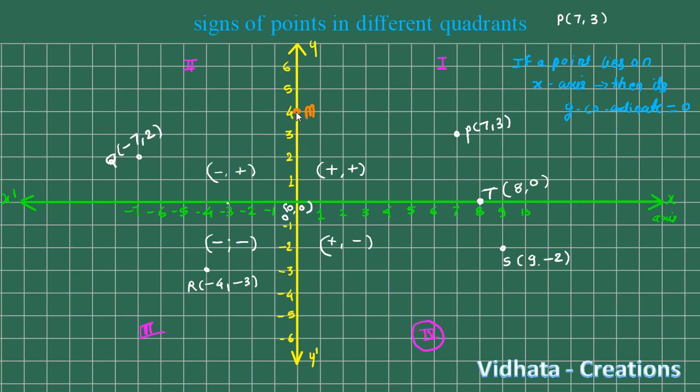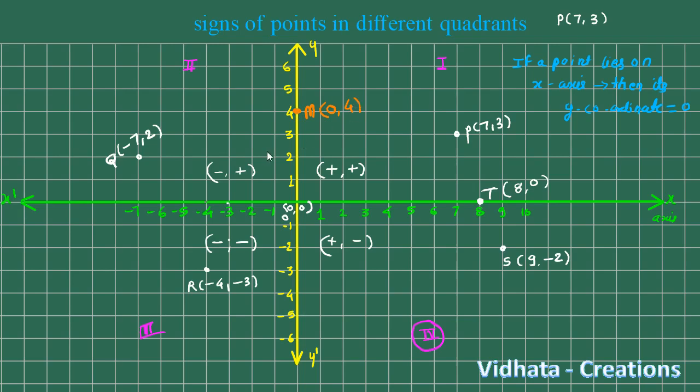From the point, you have to tell the x coordinate first. So you will go towards the x-axis. It meets the x-axis at 0, and then you have to move on the y-axis. If you move from there to the y-axis, you will reach here at 4. So its y coordinate is 4.